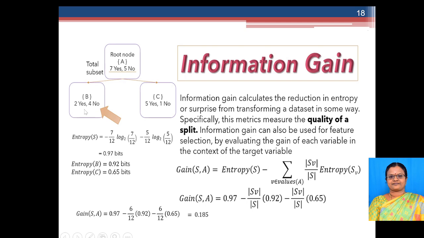I have to add these in B. I have 2 yes and 4 no, so I will be having 6. Out of the 12, I have 6 values present in B. Similarly for C also, 6 values present in C. That's why 6 divided by 12, and this is the B bits, and this value for C, and I am calculating and I found the value as 0.185.